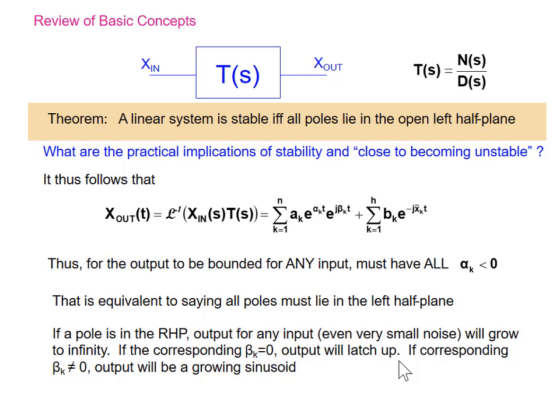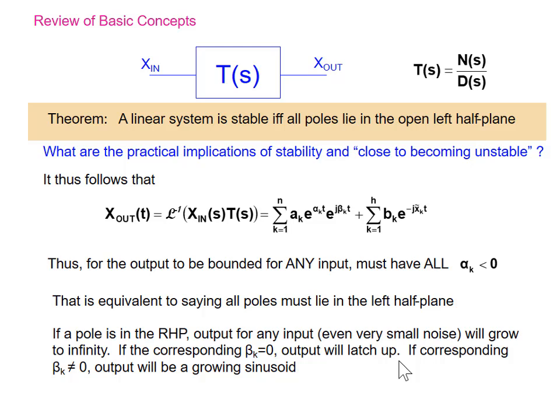Thus, for the output to be bounded for any input, so another definition of stability is the output will be bounded for any bounded input, we must have all alpha_k less than 0. If any one of the alpha_k's is not less than 0, we'll have a growing exponential term that will bound the sinusoidal term, so you'll have a growing exponential bounding a sinusoidal term.